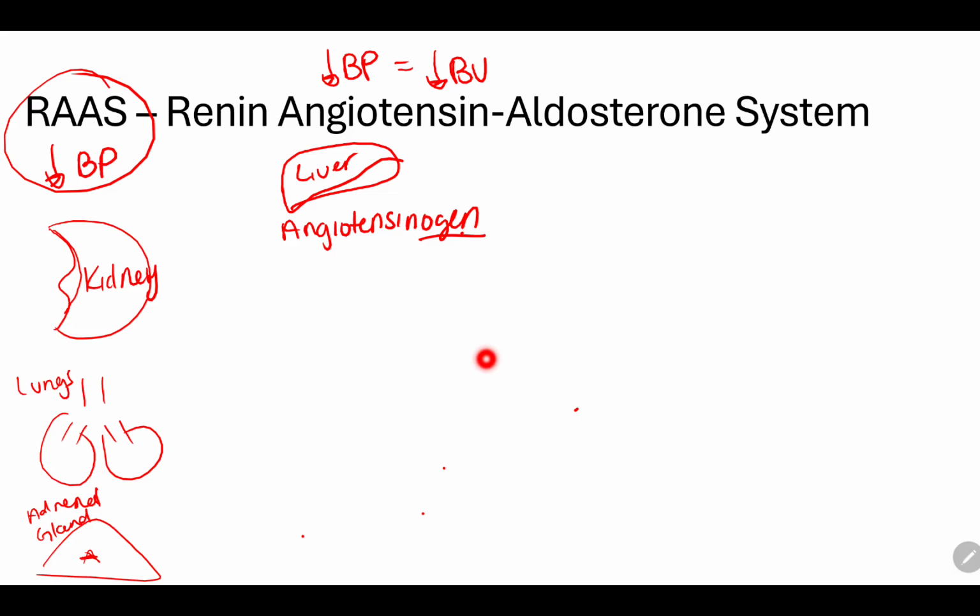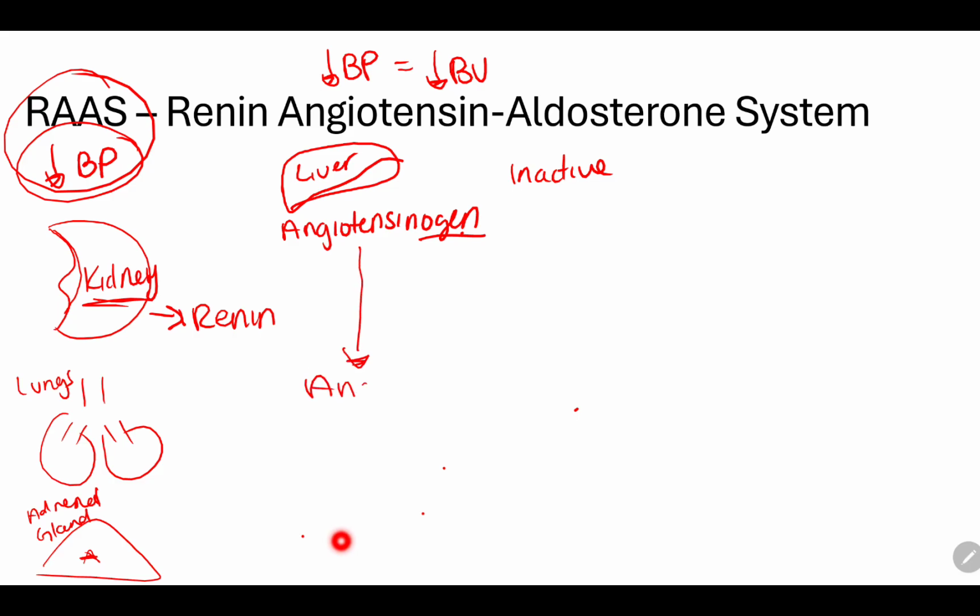It's ogen, so it's inactive. When your kidneys understand that there's a drop in blood pressure, your kidneys will release renin. Renin will convert that angiotensinogen into angiotensin 1.